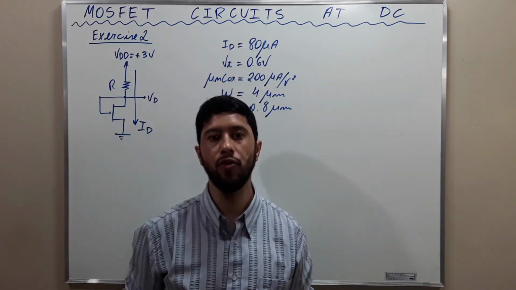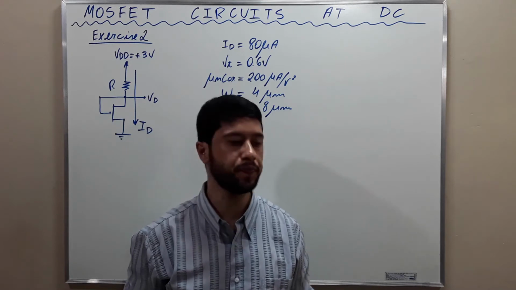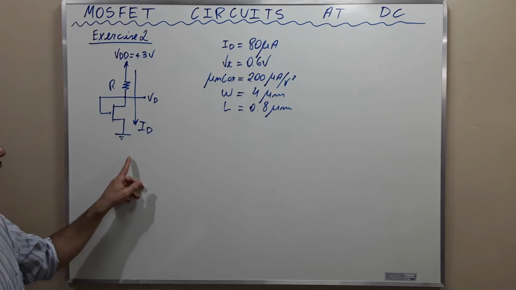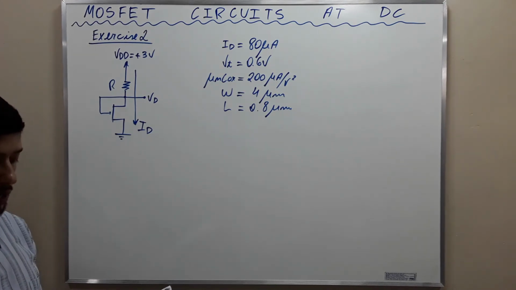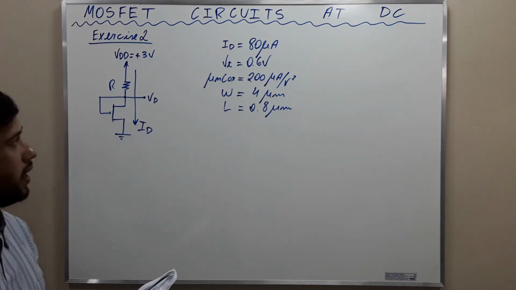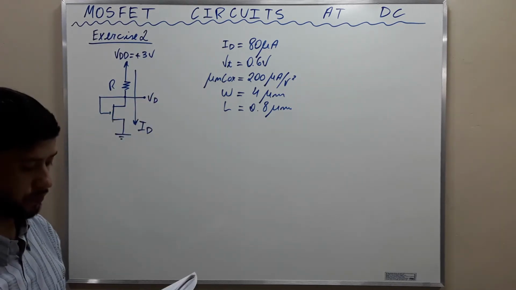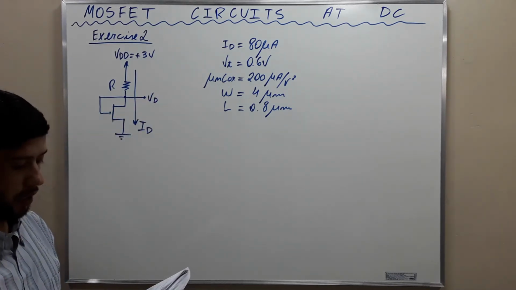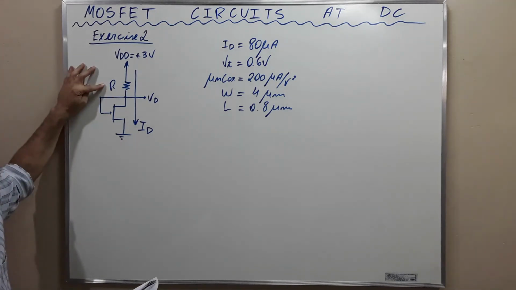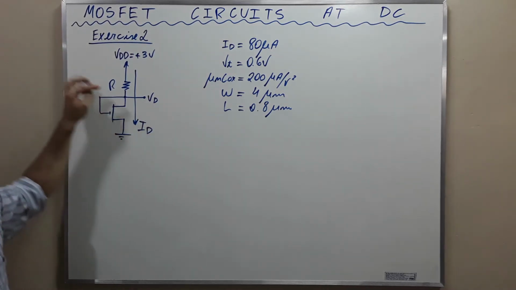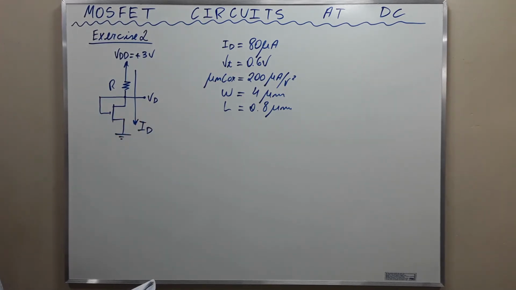Now, let's go to exercise number 2. Design the circuit of the figure to obtain a current ID of 80 microamperes. Find the value required for R and find the DC voltage VD. Find R and VD.